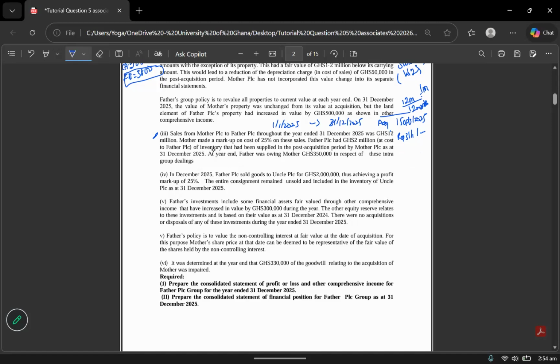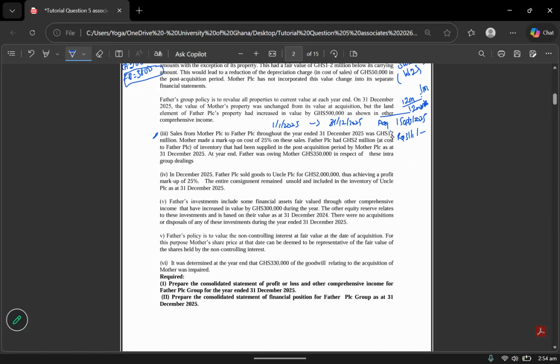Now, Mother made a markup on cost of 25% on these sales. Father had 2 million at cost to Father of inventory that had been supplied in the post-acquisition period. All right, let's take this side again.